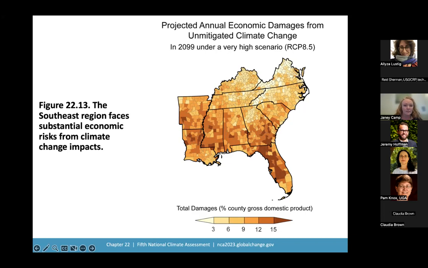So as you can see, some of the northeastern portions of the region tend to fare better and are expected to spend less on economic damages, total damages from climate change. But that does not mean anyone is immune. And all communities are potentially at risk of future climate change impacts. Next slide, please.